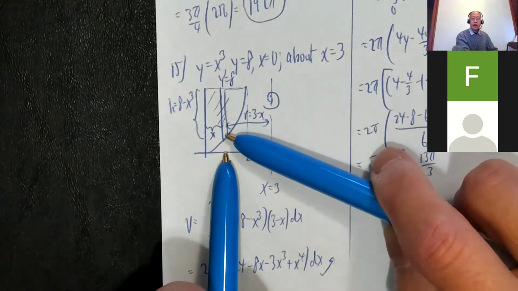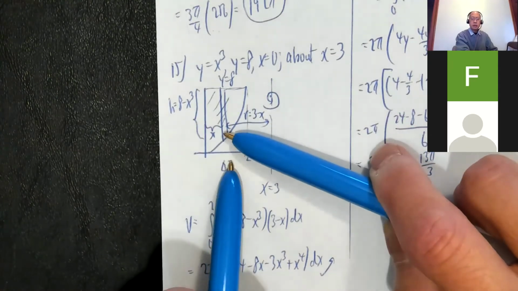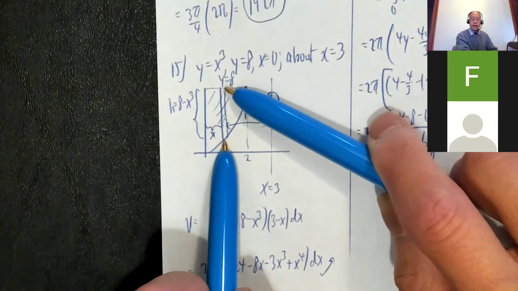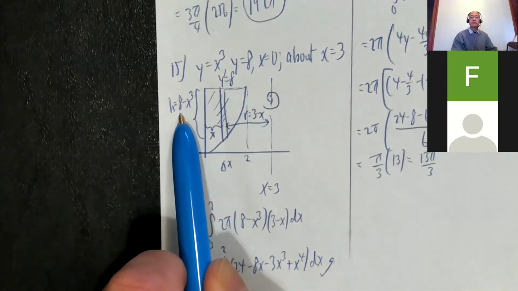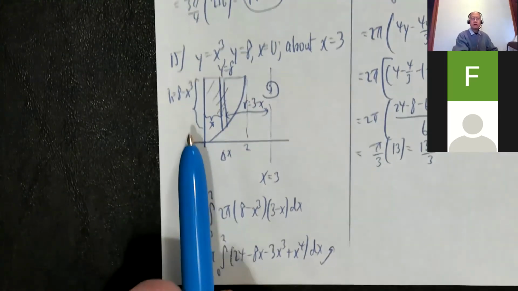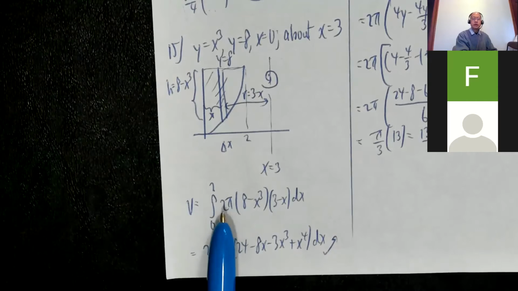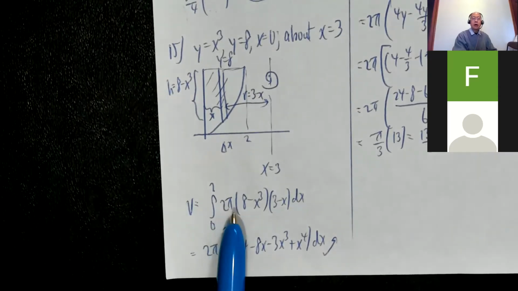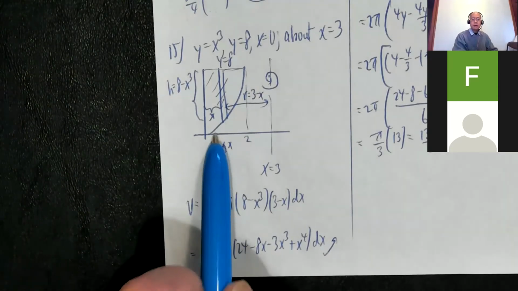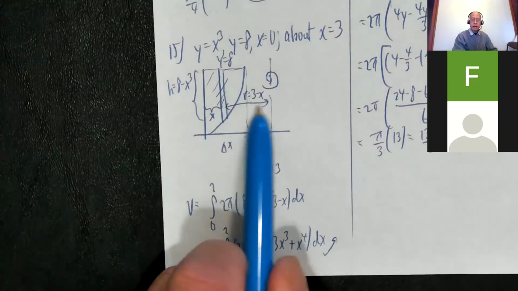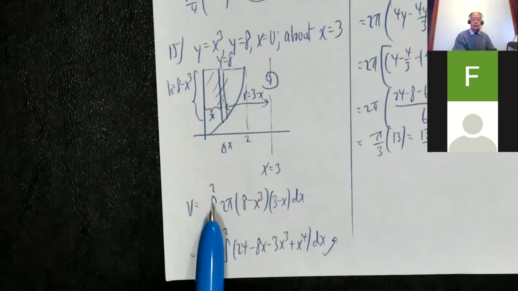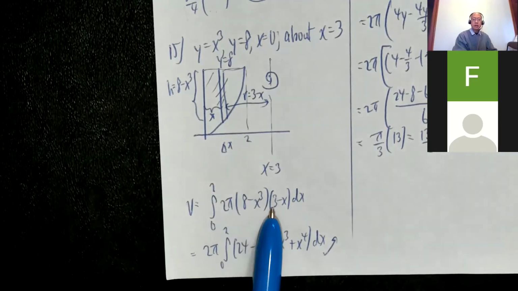From here to here, it's y. But what is y? X cubed. So this is the difference between the two. 8 minus y, or 8 minus x cubed. So volume is 2 pi, 8 minus x cubed, 3 minus x. Radius, height.